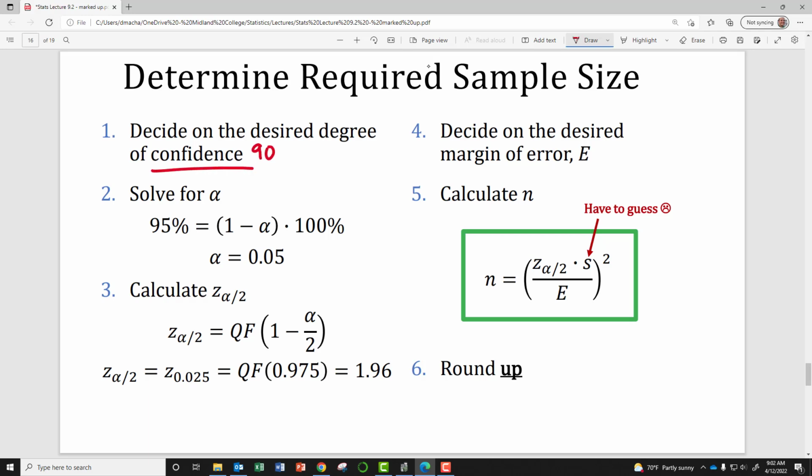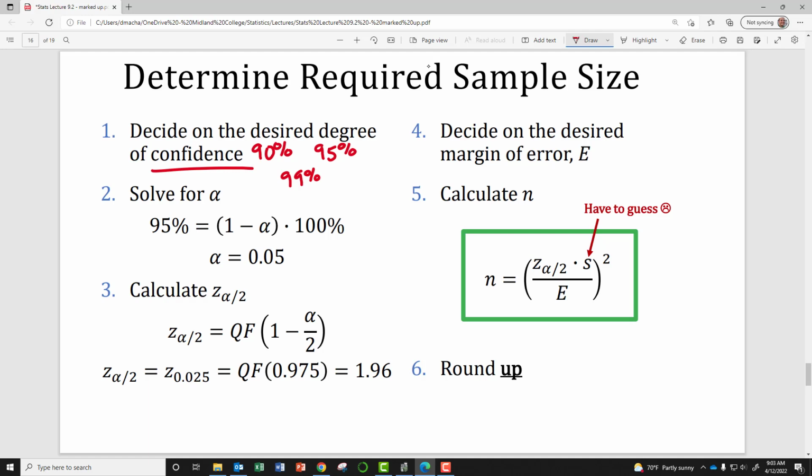In other words, do you want to be 90% confident or 95% confident or maybe even 99% confident and so on? And just like we talked about in the previous video, you can't have 100% confidence for the same reasons as in the previous video. And then we also need to decide on our desired margin of error. And remember, it's always nicer to have a smaller margin of error.